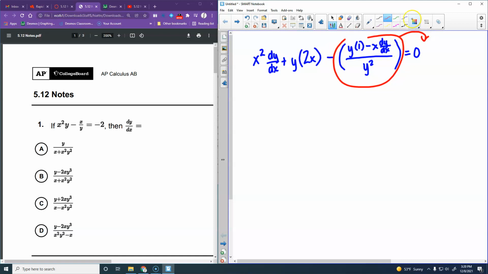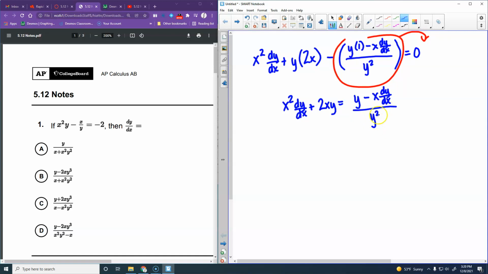So what I actually would do here is I would take this whole thing and move it over to the other side. So that would give me x squared dy dx plus 2xy equals y minus x dy dx over y squared.